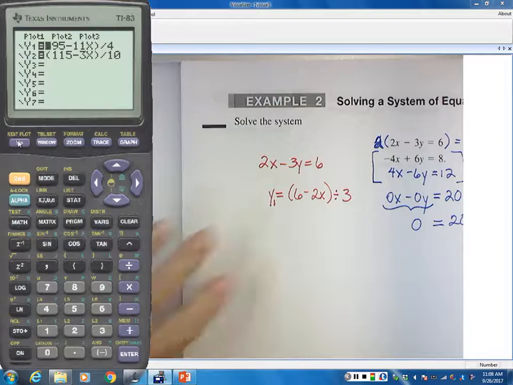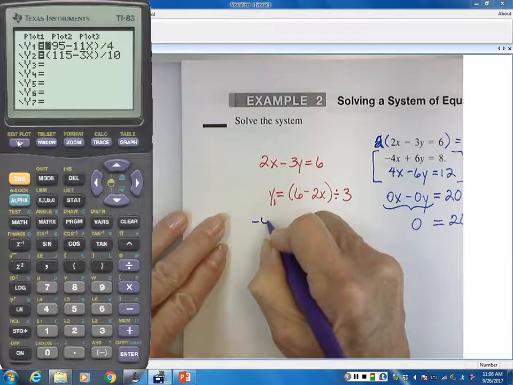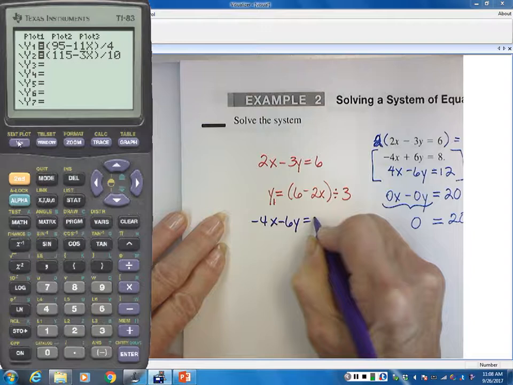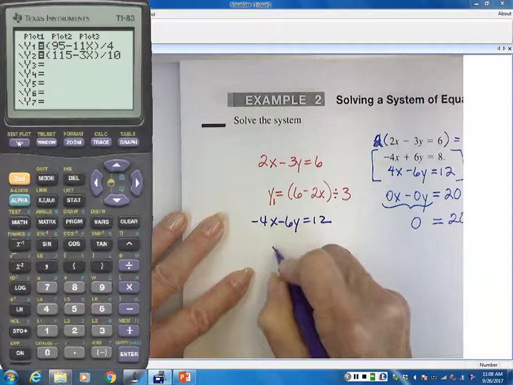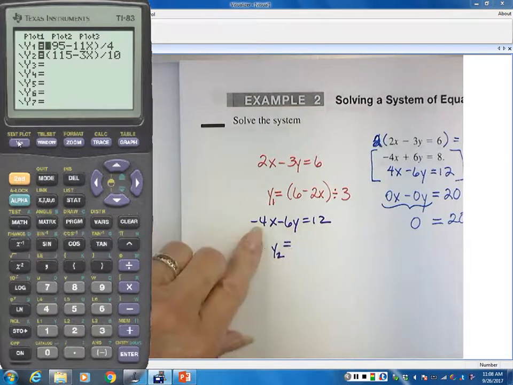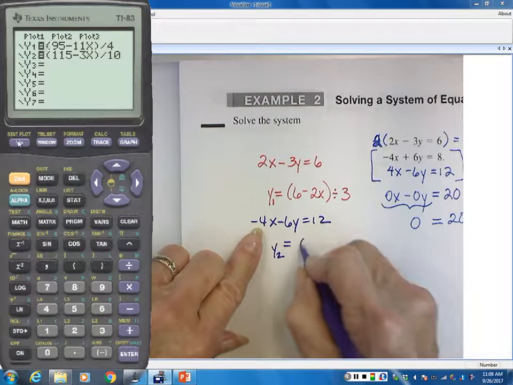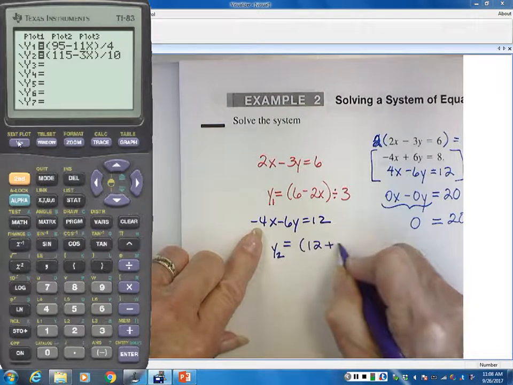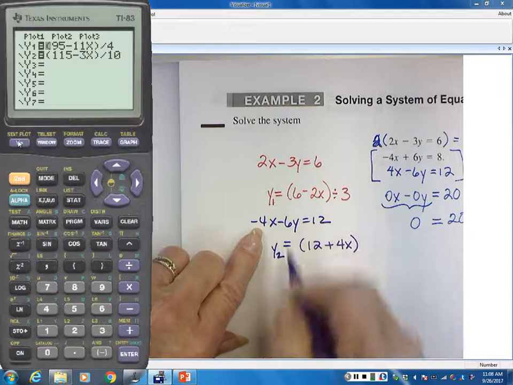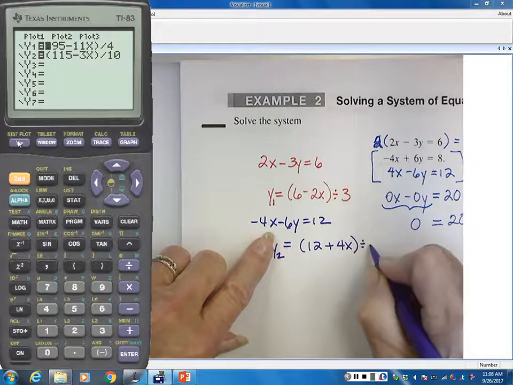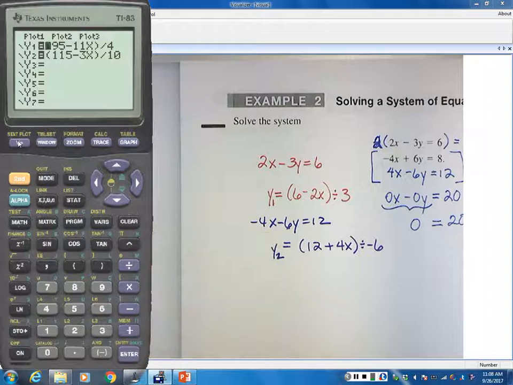And then the other one says -4x minus 6y equals 12. And again, I want that solved for y, so I can put it in y2. So I'm going to move the -4x over to the other side. That gives me 12 plus 4x. And then divide both sides by the -6. And that's what I'm going to put in for my two equations.